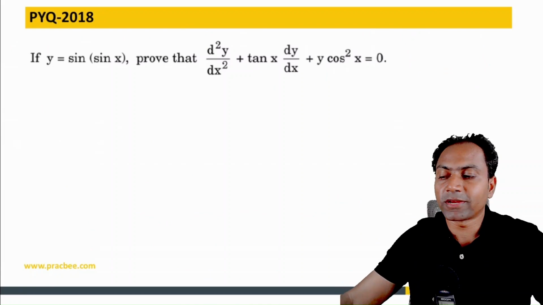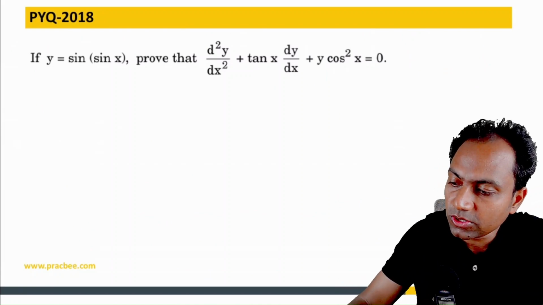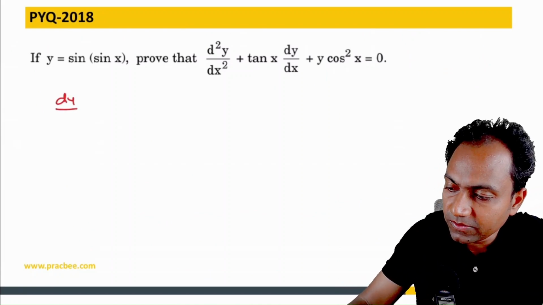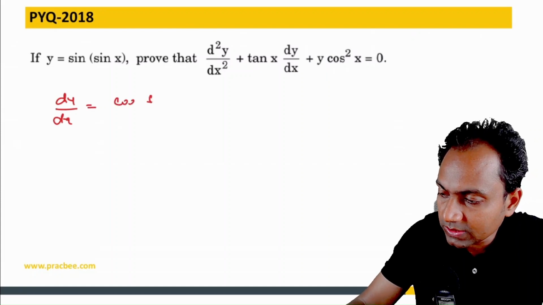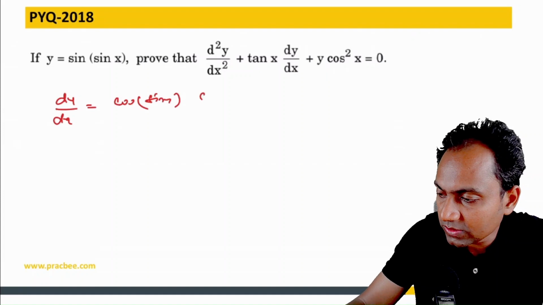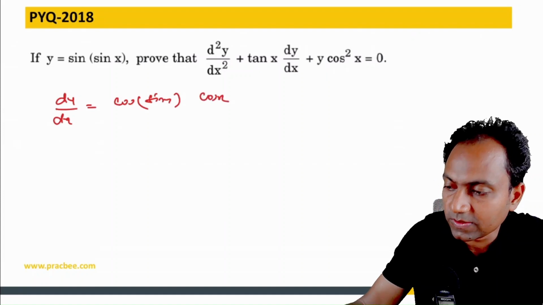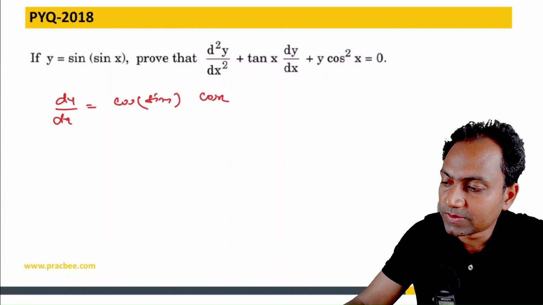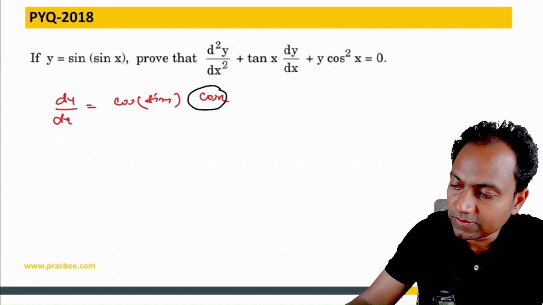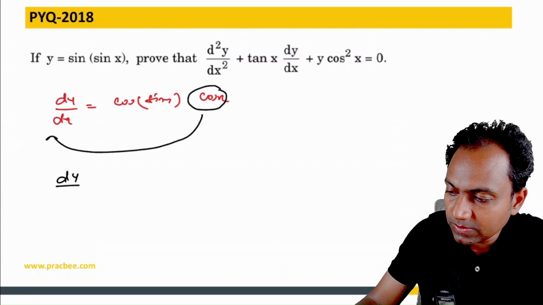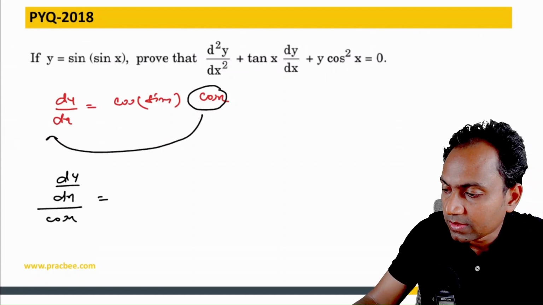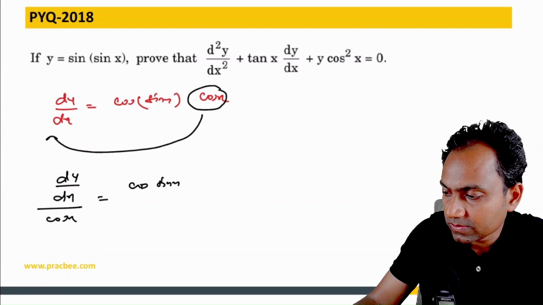Now there is one more technique to do the same question. So see, we will again start with the same differentiation that we did earlier. So it will become cos of sin x, and then differentiation of sin x is nothing but cos x. This we have. Now what you can do here is basically take this cos x on the left hand side. If I take it to this side, what will happen is this will become dy by dx by cos x is equal to cos of sin x.